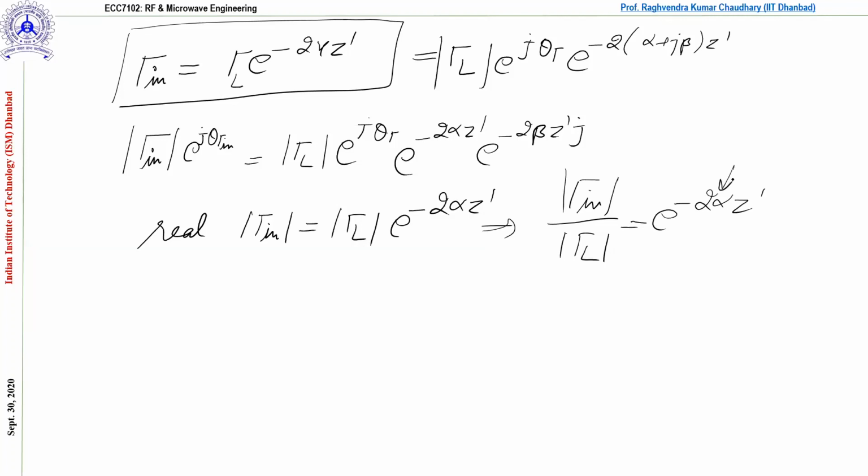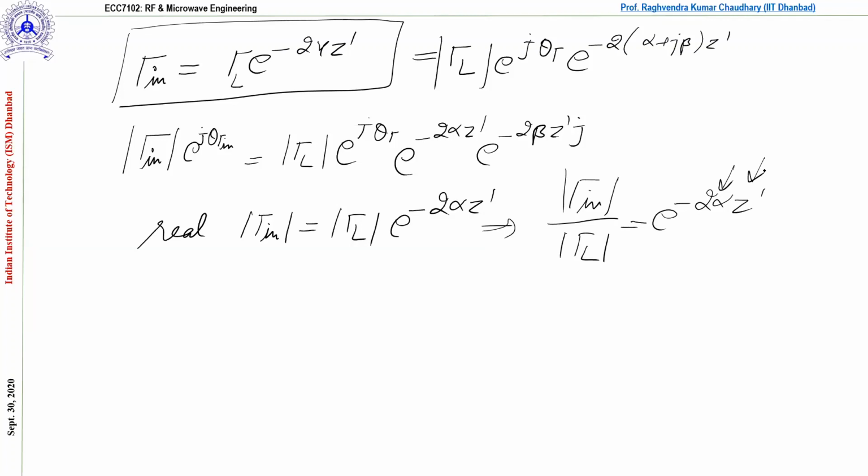Now alpha is known to us, z dash is also known to us, so we can relate how much decrease in amplitude there is between gamma in and gamma L.